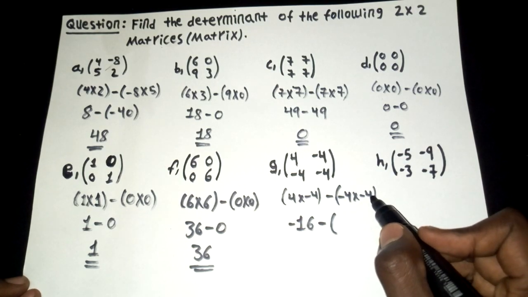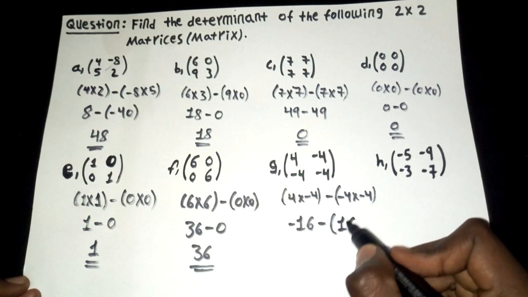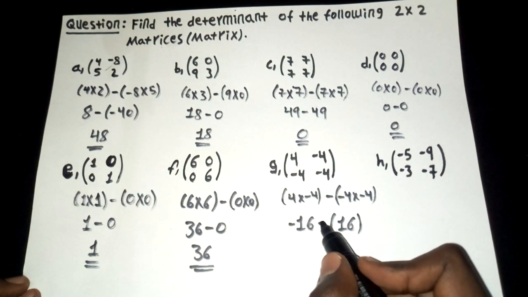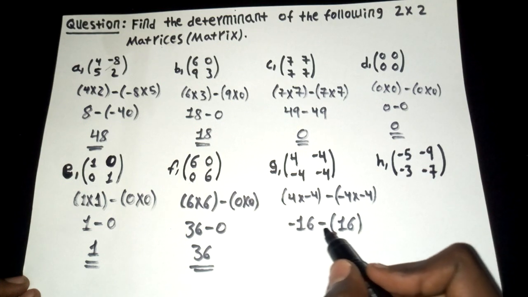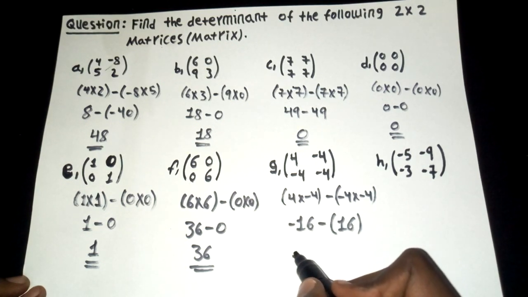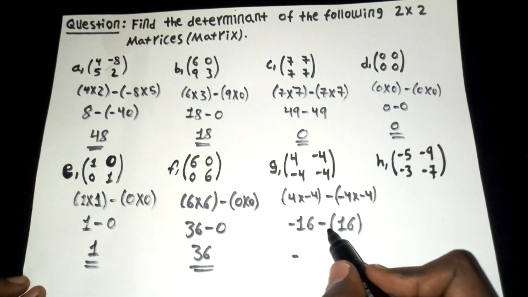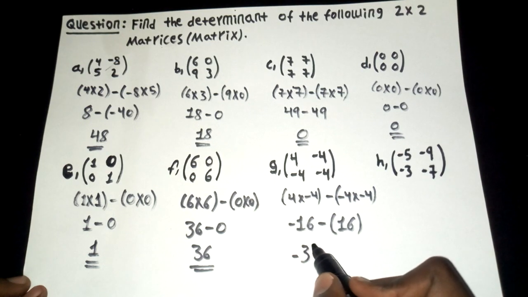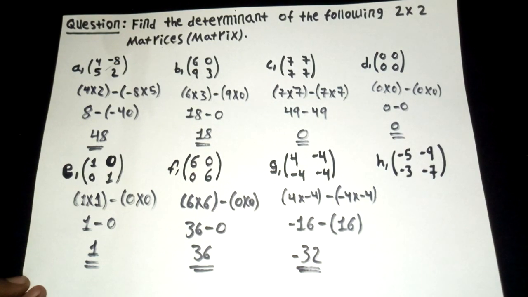So 4 times 4 is 16, positive 16. So minus 16 minus positive 16, we add them because they have the same sign, then we put the minus sign. So 16 plus 16 is 32. Our answer is minus 32.